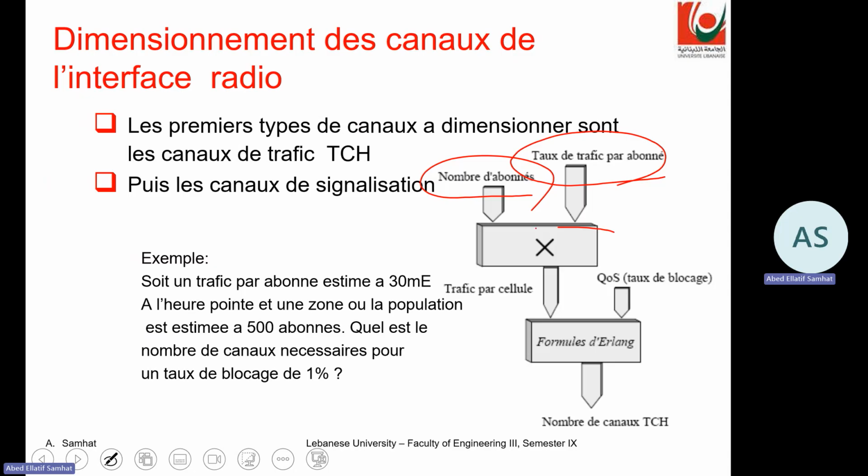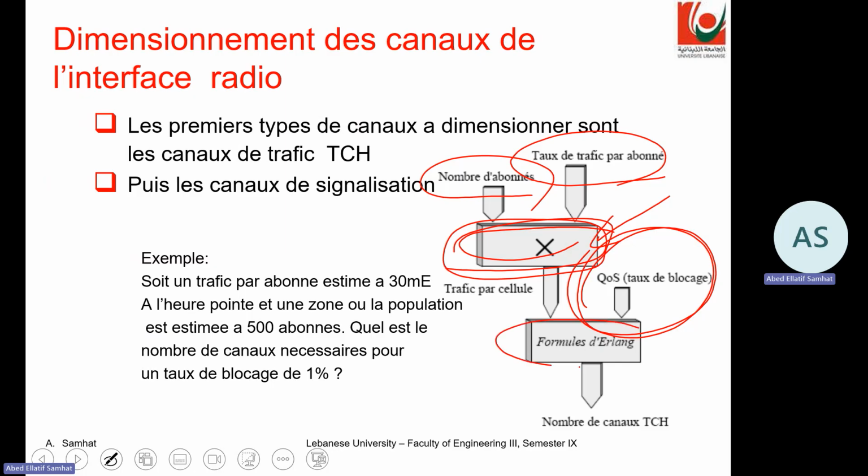And after that, you calculate the total traffic that you want to support. And then based on the quality of service criterion, which is the blocking probability, you should use the Erlang formula in order to calculate the required number of channels to support this traffic. Okay. So I'm talking just here about the traffic channel.